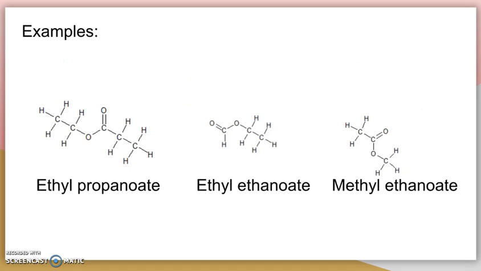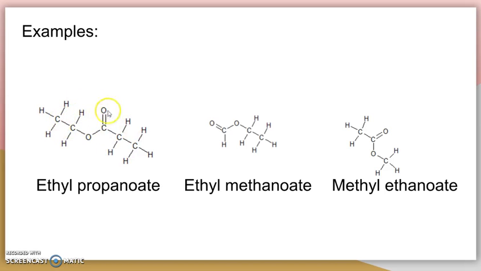Let's look at examples of the esters. How do we identify the esters? When we look at the functional group, we see that this is this double bond O connected to the carbon, connected to the oxygen, connected to a second carbon. We also know that the esters consist of 2 carbon chains. One of the carbon chains, this one over here, is connected to a double bond O. The other one is not.